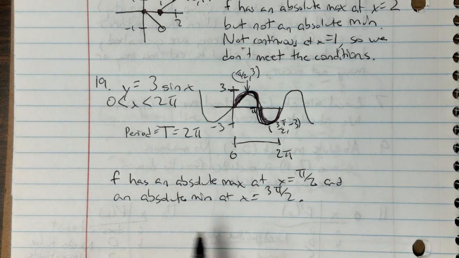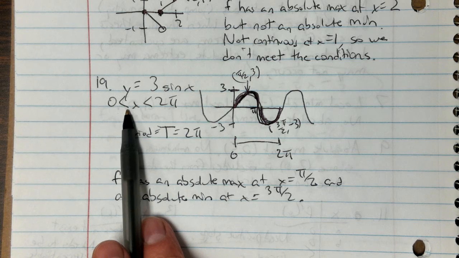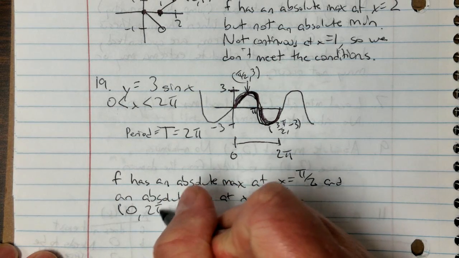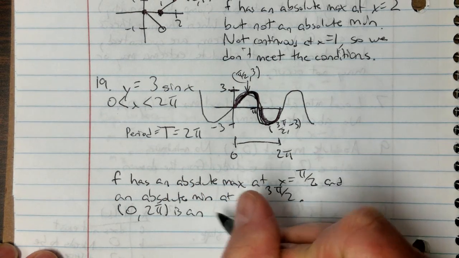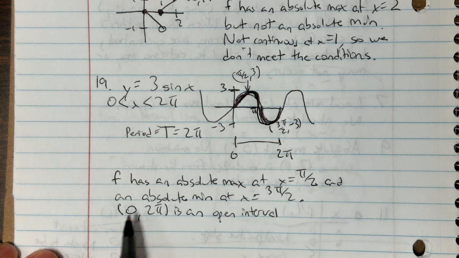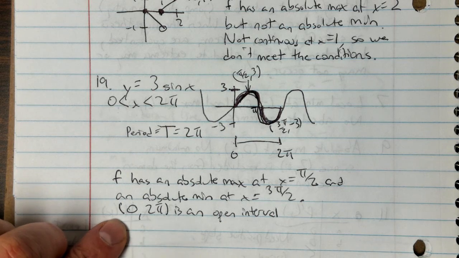The problem is that this doesn't say less than or equal to, and so 0 to pi is an open interval. It's just another form of this with inequalities, and this with parentheses.